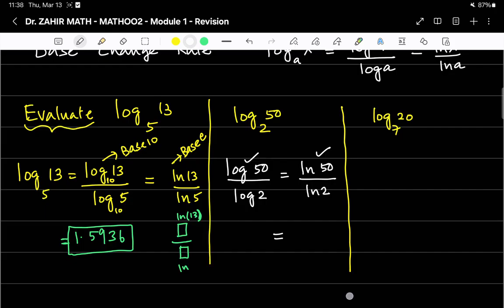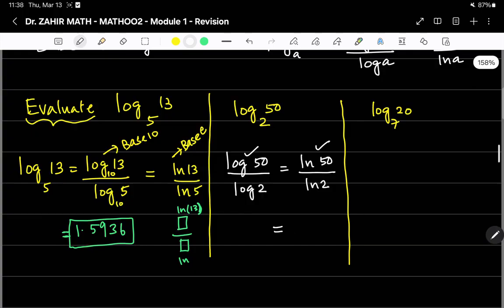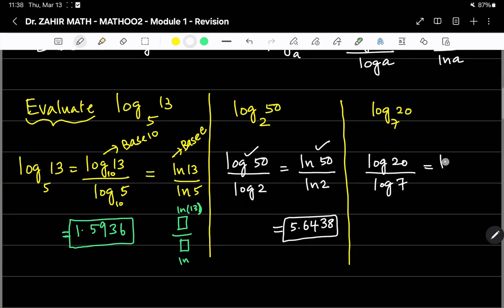So which is equal to 5.6438, or you can say 5.64, whatever it is, no problem. This is log 20 divided by log 7, and this is equal to ln 20 divided by ln 7, right?